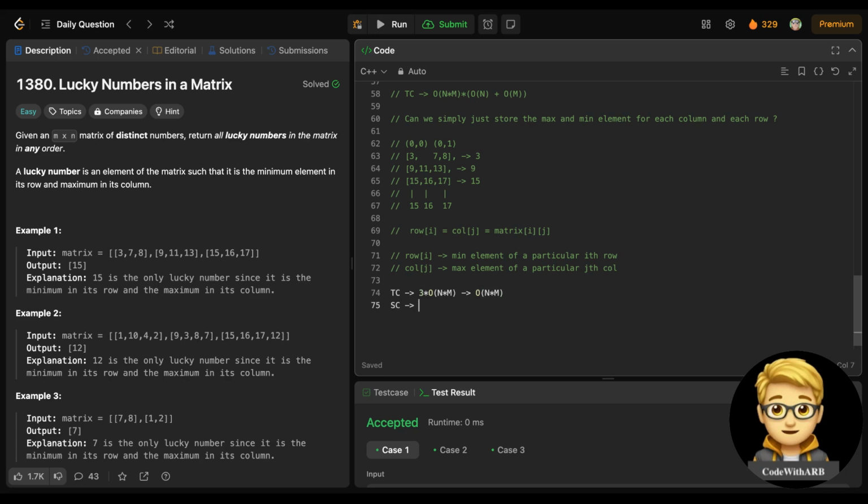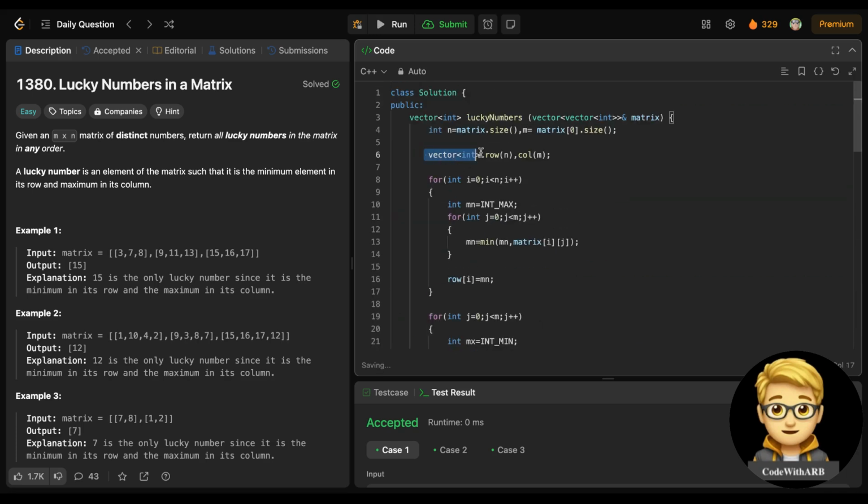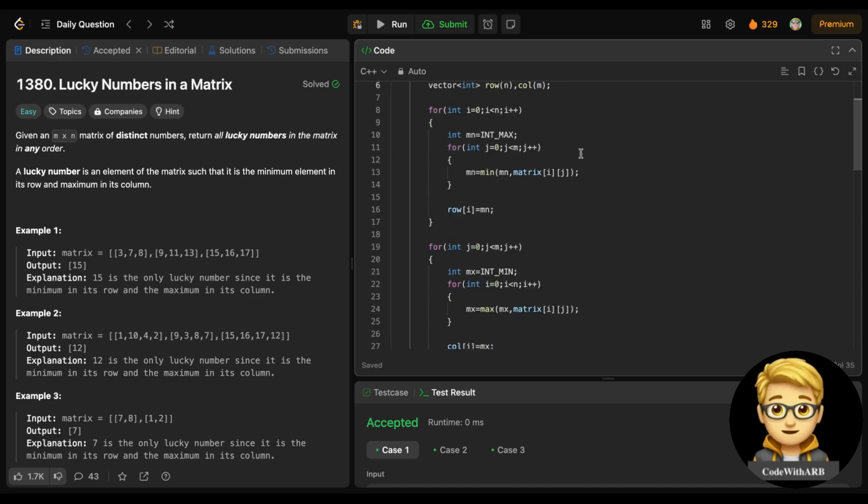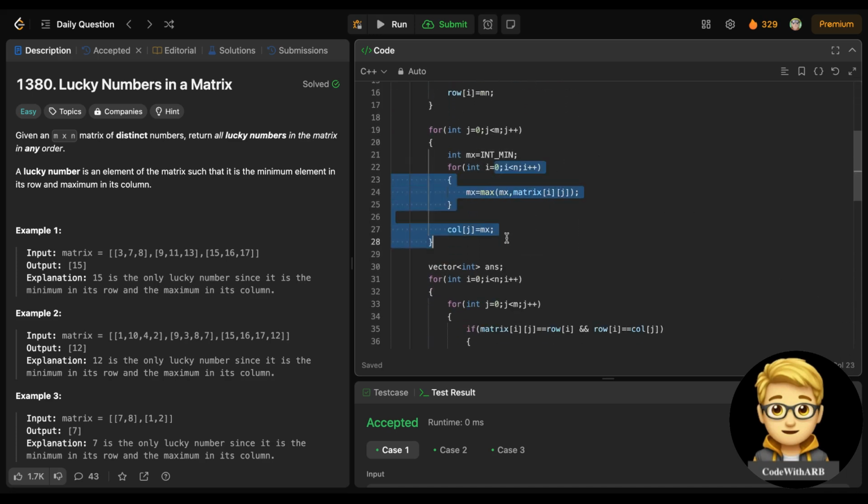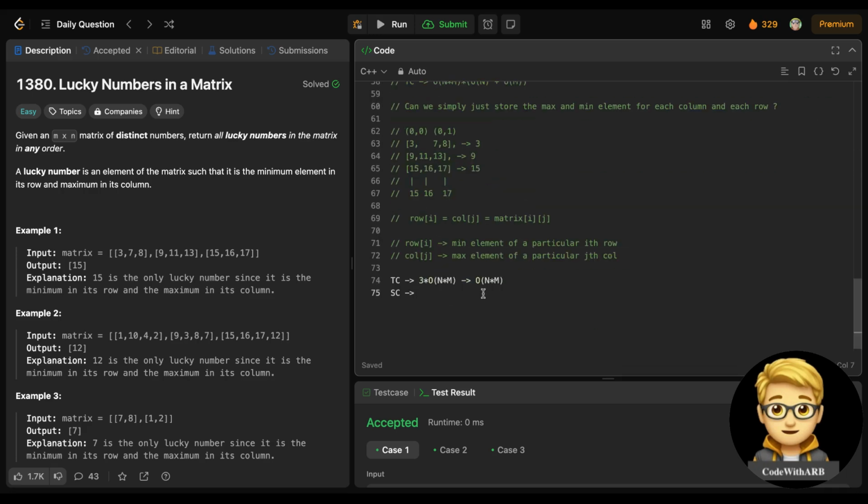And space complexity: we have taken an extra row of size n and an extra column of size m for storing the max and the minimum element, so that would be O of n plus O of m. This is the space and the time complexity for this problem.